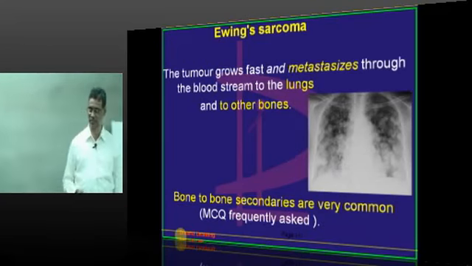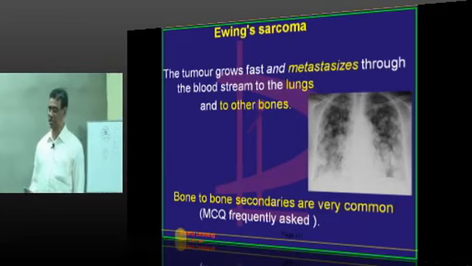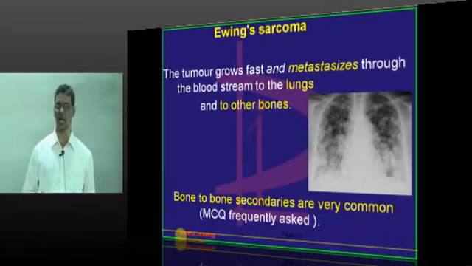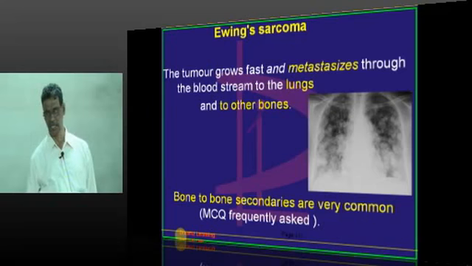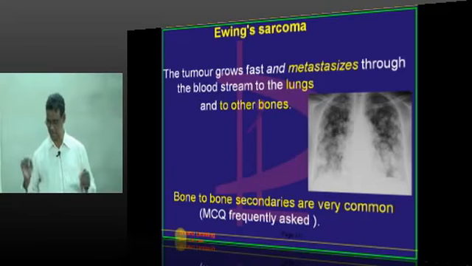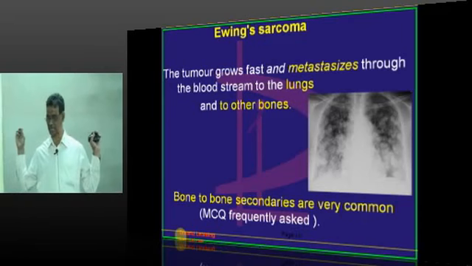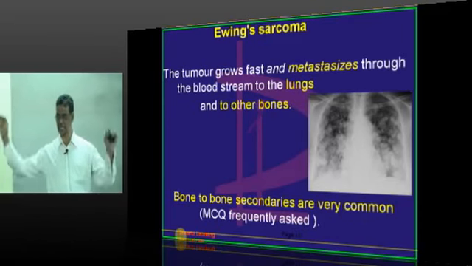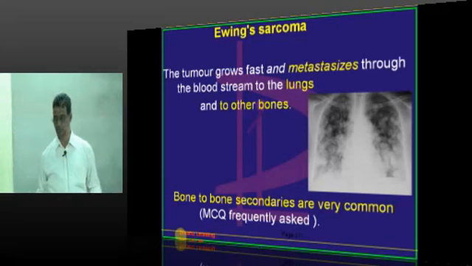Some people say bone-to-bone secondaries are not really secondaries. It is multicentric in cause; they think that Ewing sarcoma has occurred simultaneously in different places.